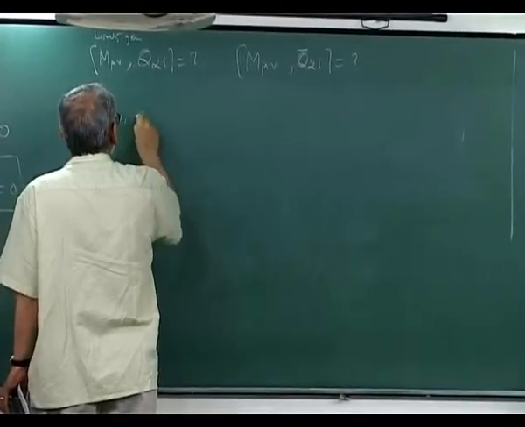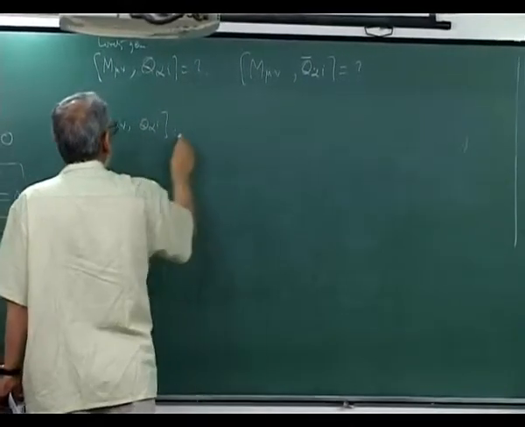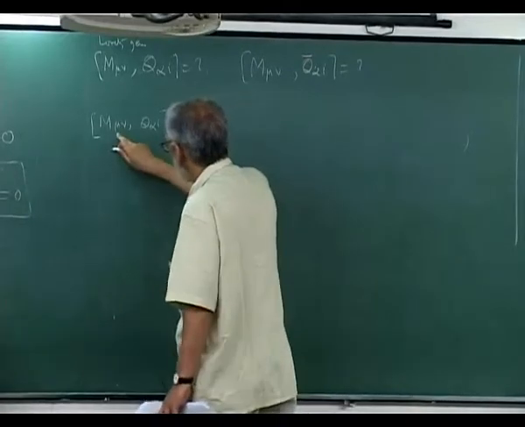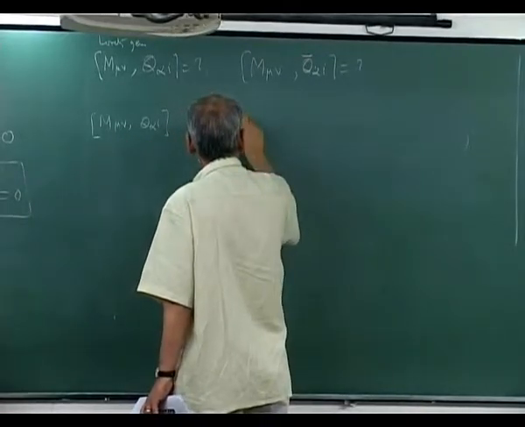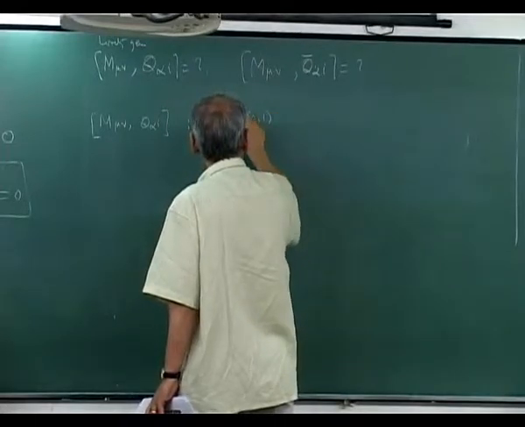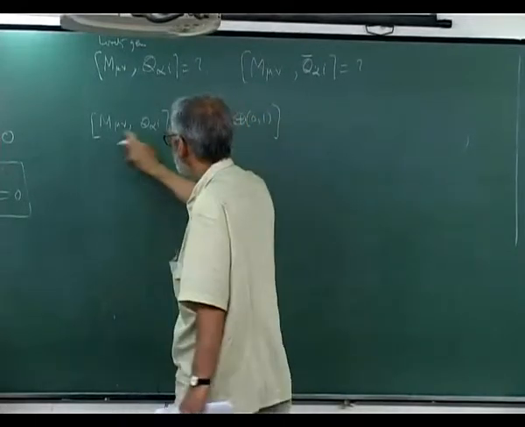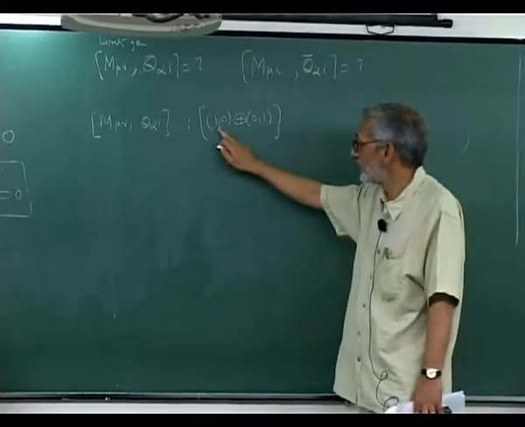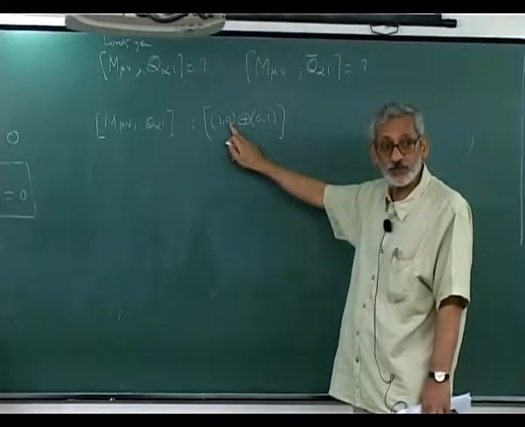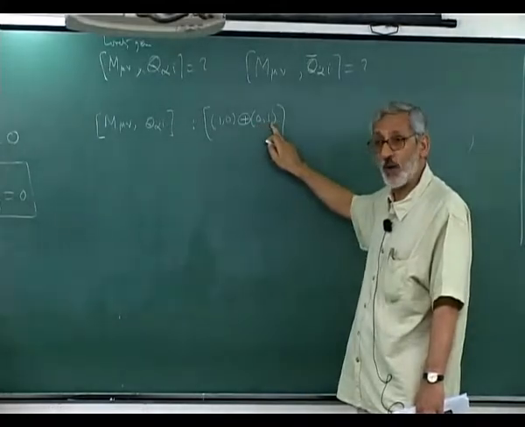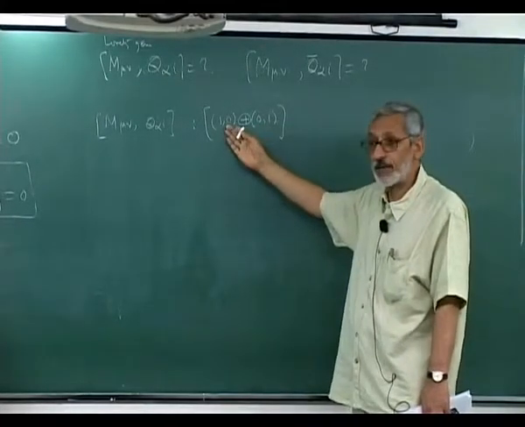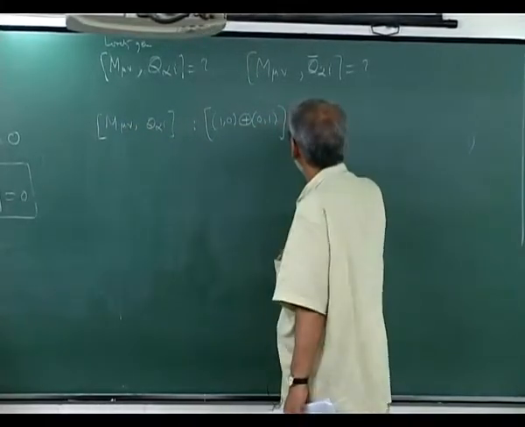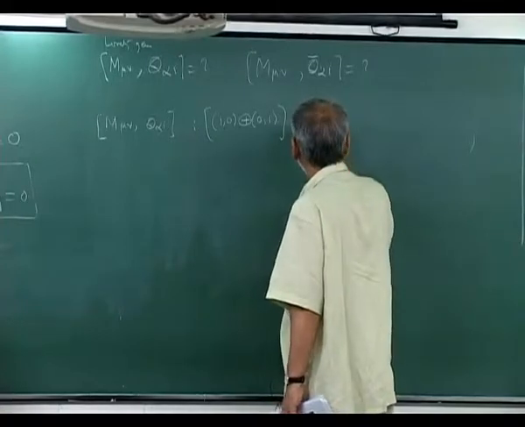M mu nu Q alpha I. Lorentz transformation properties of this object, like we said earlier, is made up of self-dual part and anti-self-dual part. Self-dual part transforms as 1 0 under Lorentz group, and anti-self-dual part 0 1. These are three independent complex numbers, these are three independent complex numbers, and that's what M has, times half 0.